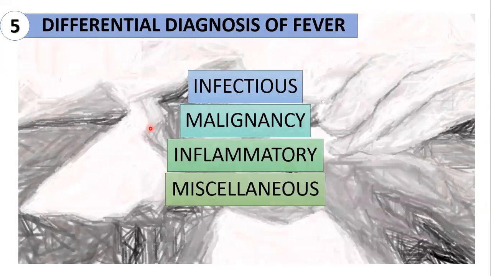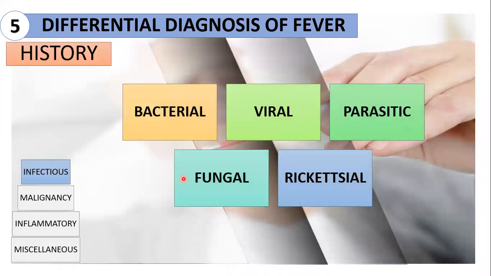Now we move on to the differential diagnosis of fever. So we have here four primary categories: infectious, malignant, inflammatory, and miscellaneous causes. As for infectious, there are so many etiologies to consider. It could be either from bacterial, viral, parasitic, fungal, and rickettsial.